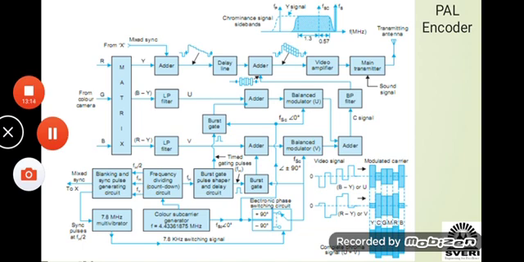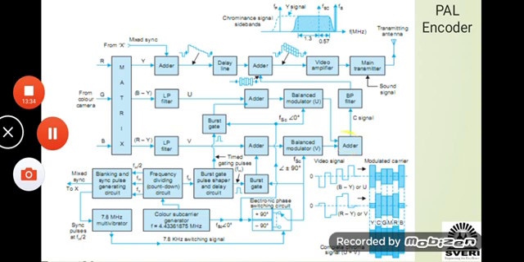Then it is given to a balance modulator for V, and without passing through a switch, the signal is given directly to the balance modulator for U. So this way we have the FSC at an angle 0, and the subcarrier frequency at an angle of plus or minus 90 degrees.